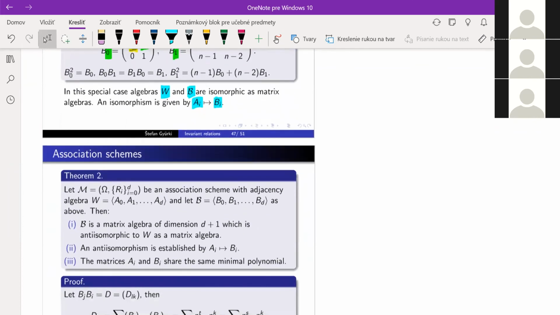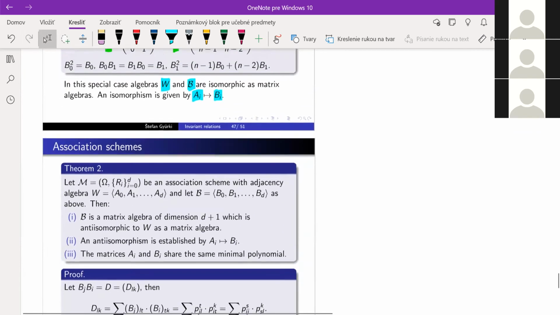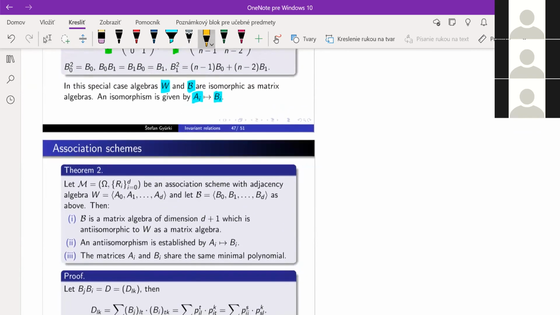In the general case, the two things are not isomorphic but anti-isomorphic, meaning that phi(AB) is phi(B) times phi(A). So this is an anti-isomorphism.